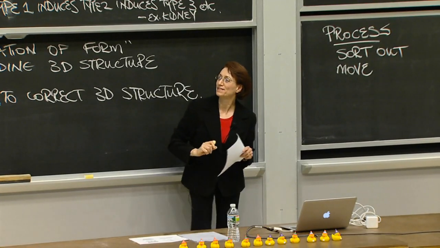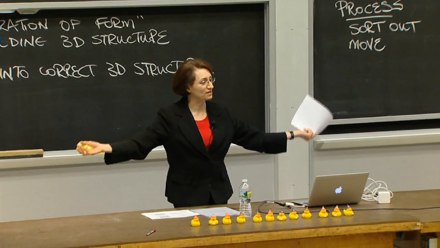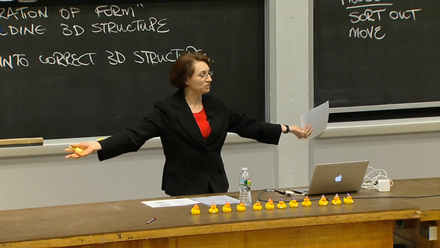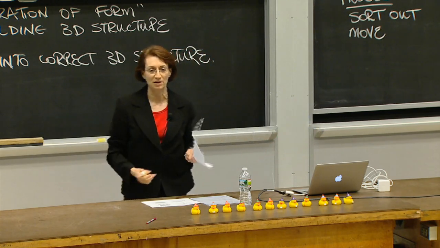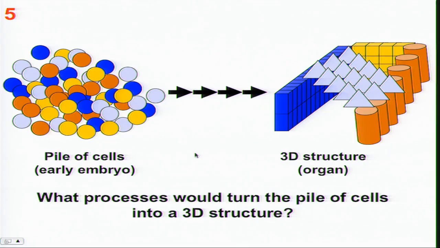What else is on my list? The pile of cells that I've got there is meant to look loose, like a pile of cells that would just spread out all over the table if I dumped it out. But the organ that I drew is meant to look tight. Those cells are stuck together. And that is one of the things that happens: the cells stick together.